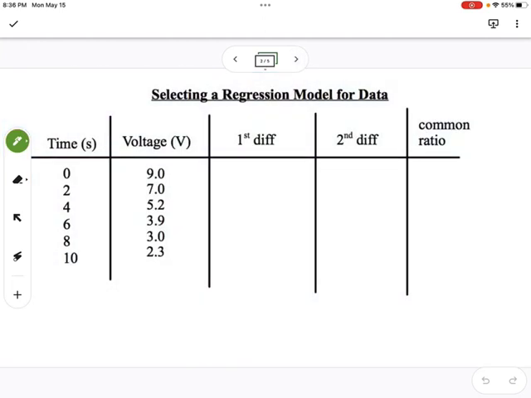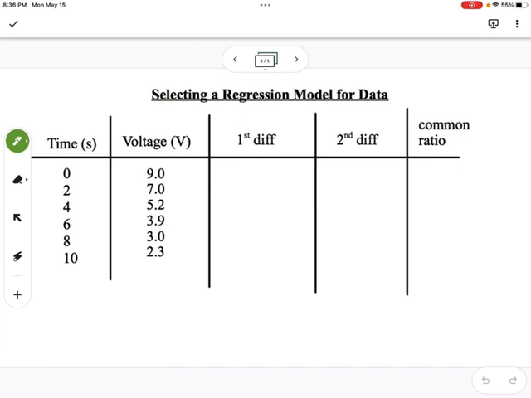Okay, so looking at this table of values here, we have time in seconds and voltage. So we're going to look at all of the differences and ratios here.